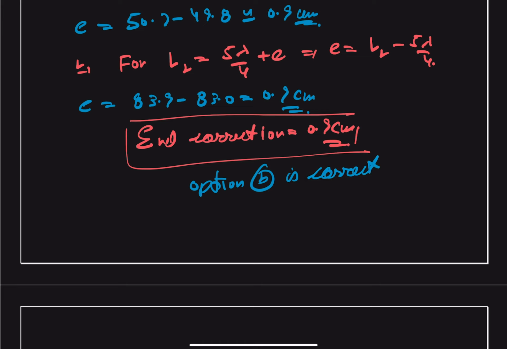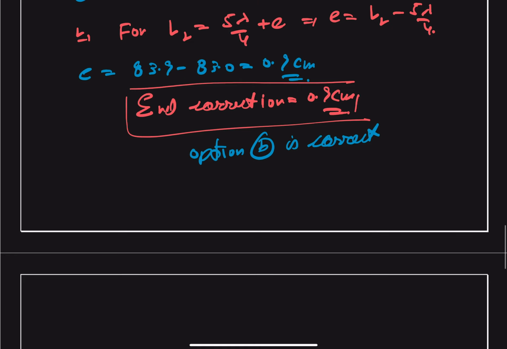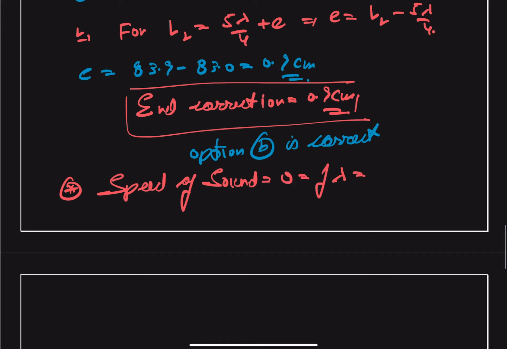And let us now calculate the speed of sound, which is given as V, and V will be equal to F into lambda. F is 500 and lambda is 66.4 centimeters or 0.664 meters.